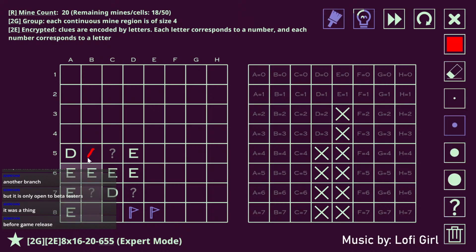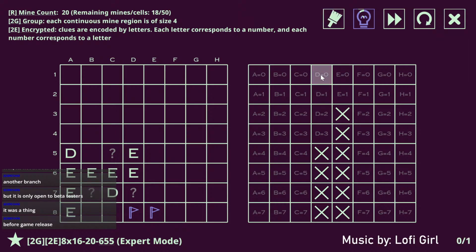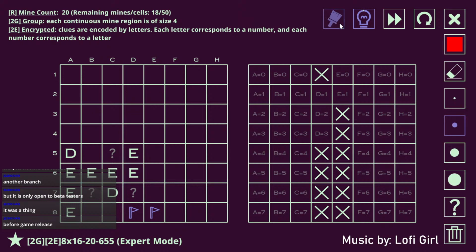If E is 0, what do we have again? That D is either a 1 or a 2. If E is a 1, then D is a 3. Okay, then D can't be 0. If E is 1, then once again, D must be 3.